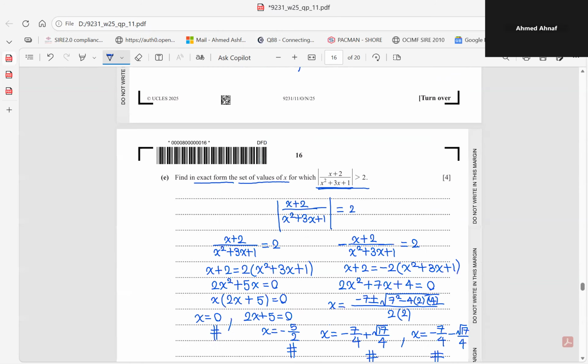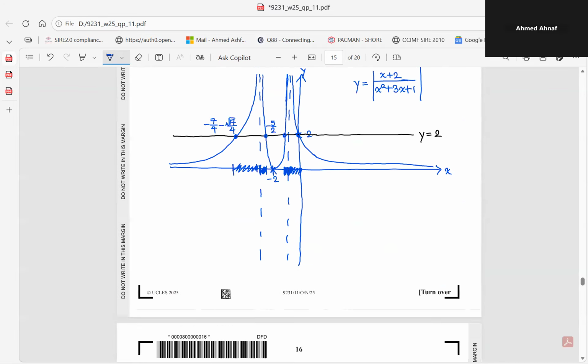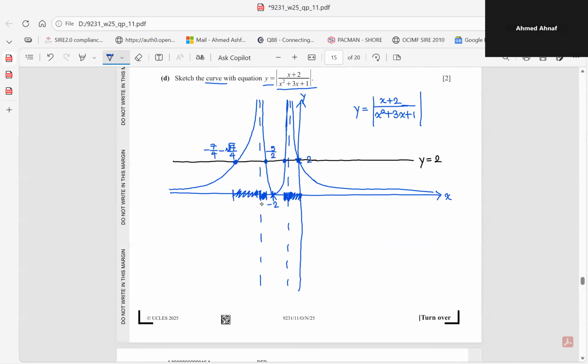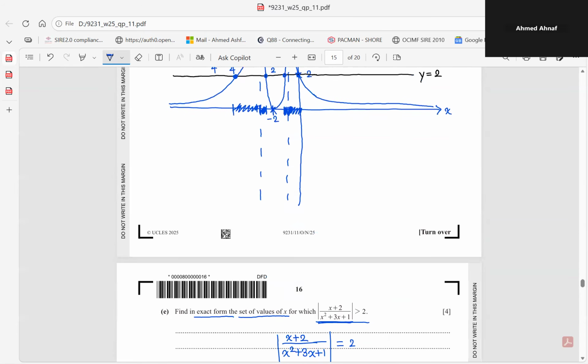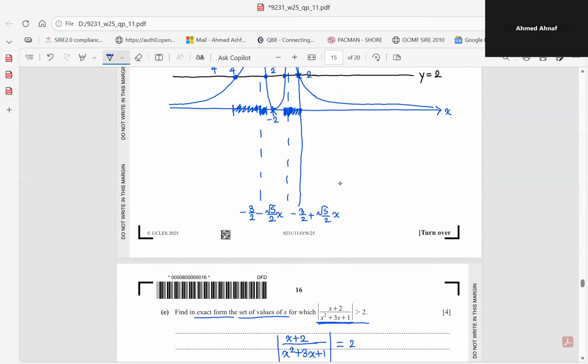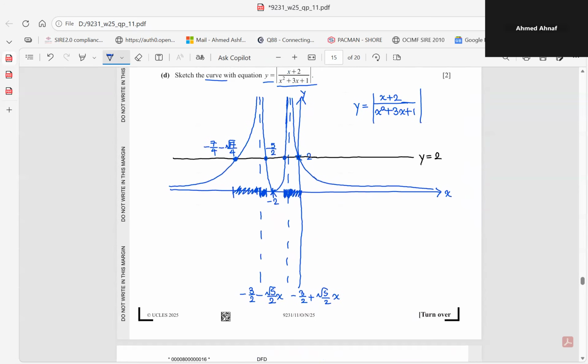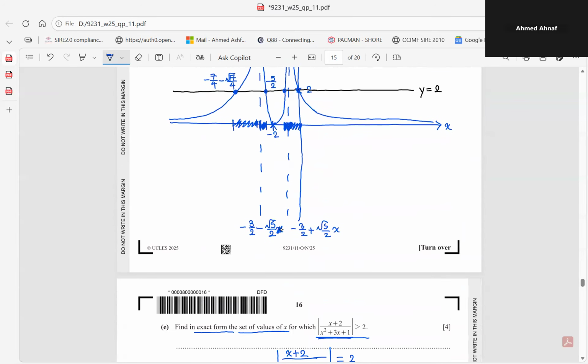So the first region is for x more than this point here, but less than the asymptote, which is minus 3 over 2 minus square root 5 over 2.